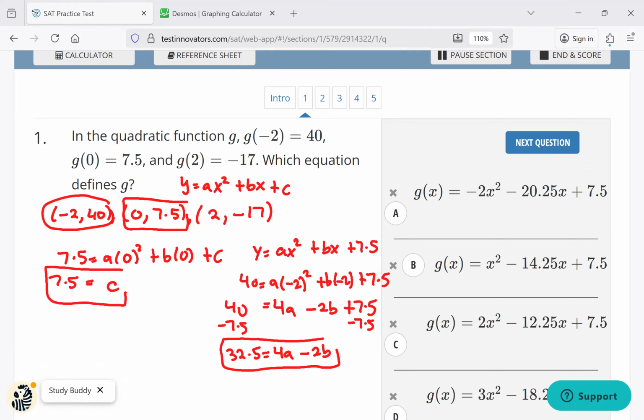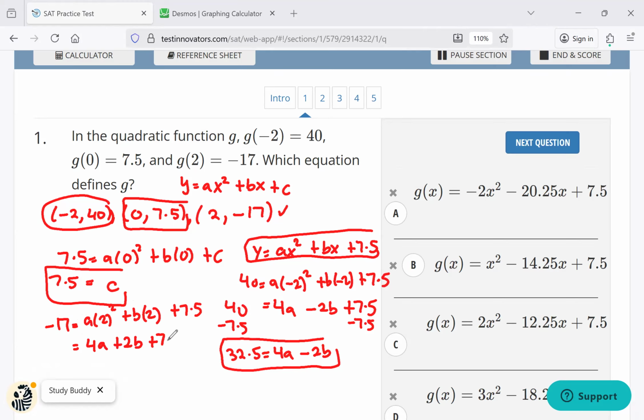And then what I'm going to do is plug this point back into this equation right here. Okay, so it's going to be negative 17 equals a times 2 squared plus b times 2, and my c is 7.5. 2 squared is 4, so that's 4a plus 2b plus 7.5.